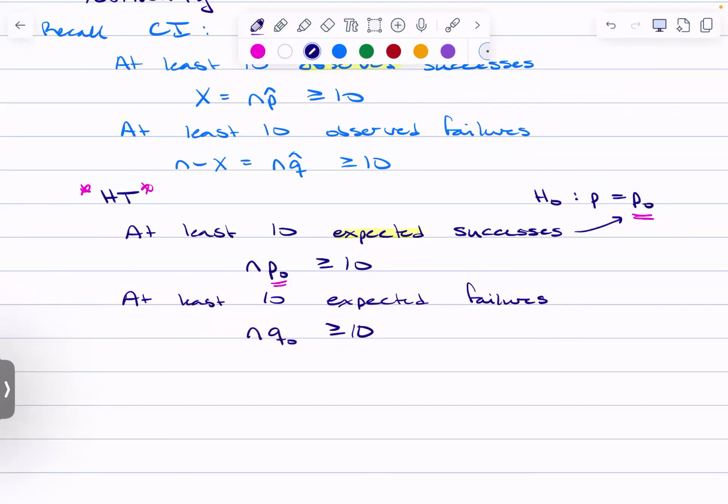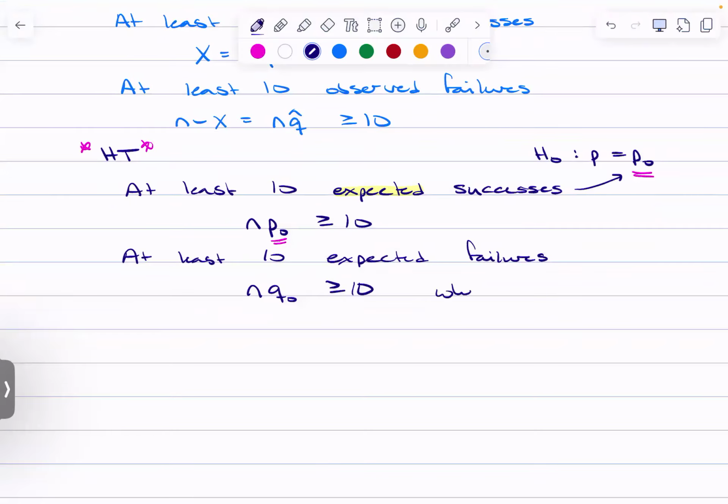We've seen this PQ relationship: q is 1 minus p, q hat is 1 minus p hat. And so it makes sense that q naught would be 1 minus p naught, of course.